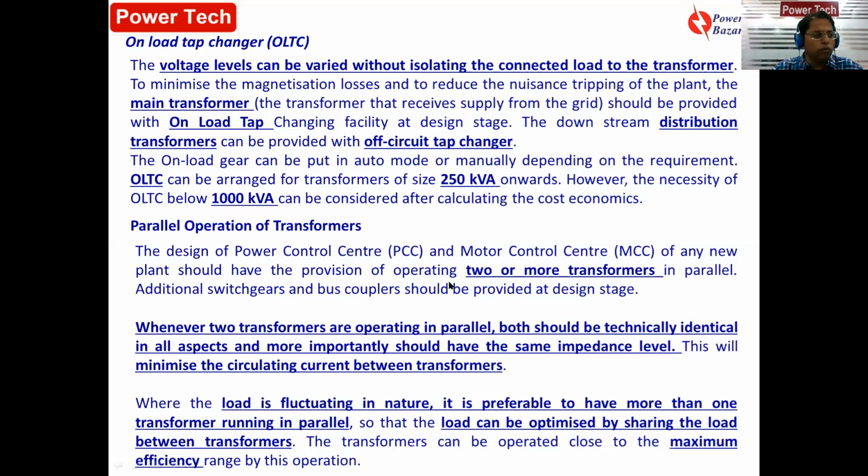But the load is varying from 30 kVA to, let us say, 80 kVA. That means sometimes it is operating at 30 kVA, sometimes 80 kVA. If there are two transformers, the total capacity becomes 100 kVA. This 100 kVA can handle this 30 to 80 kVA load.